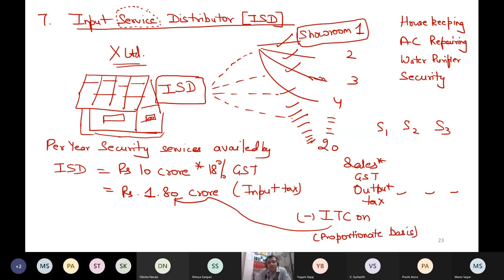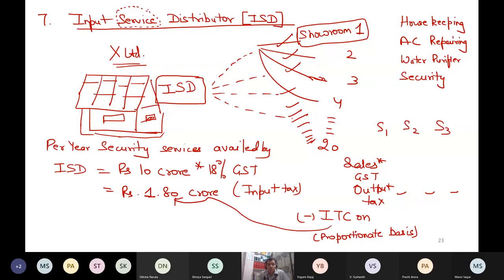Had these showroom people themselves availed these security services, they would have been allowed ITC. When on their behalf the main head office, which is known as input service distributor, is availing those services, then why shouldn't this input tax credit be allowed to these showroom owners?